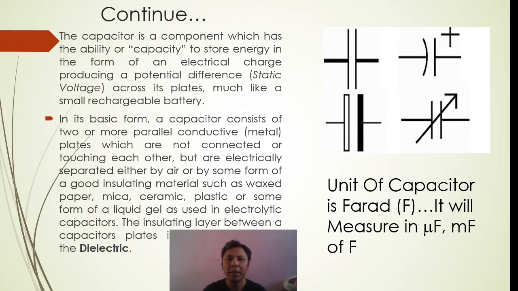So you can place a dielectric material in this empty space. So these are the two conducting plates, and between them a dielectric material is placed, and when you give the potential difference, then positive and negative charge will be stored on these plates.